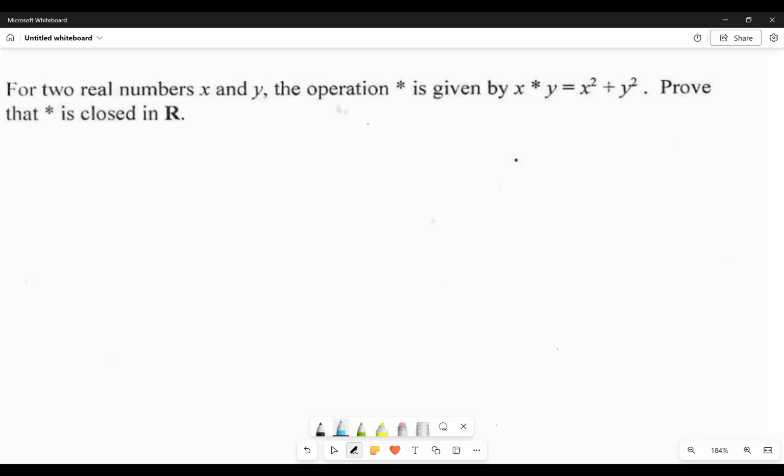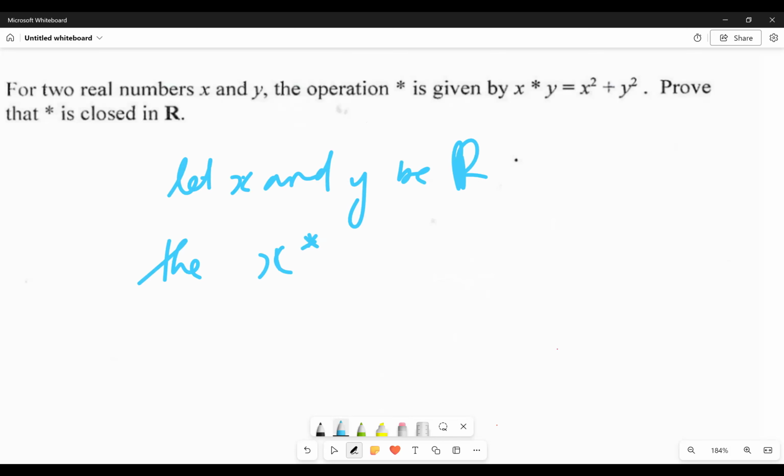So to prove it, you're going to say, let x and y be real numbers. Then we have x star y, and that becomes x squared plus y squared.